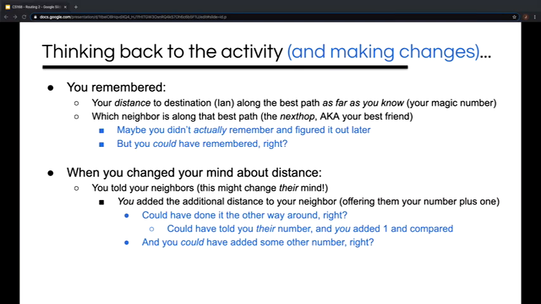But you could have just told them your distance and had the neighbor add the one. That's equivalent. Which one of you does it doesn't matter. I did it the way I did it because this way you only had one person doing the addition and the other person doing the comparison. I thought that would be easier, doing one operation per person instead of both. But I think you would agree that, especially if you're writing a program, you could certainly do both at the destination side.